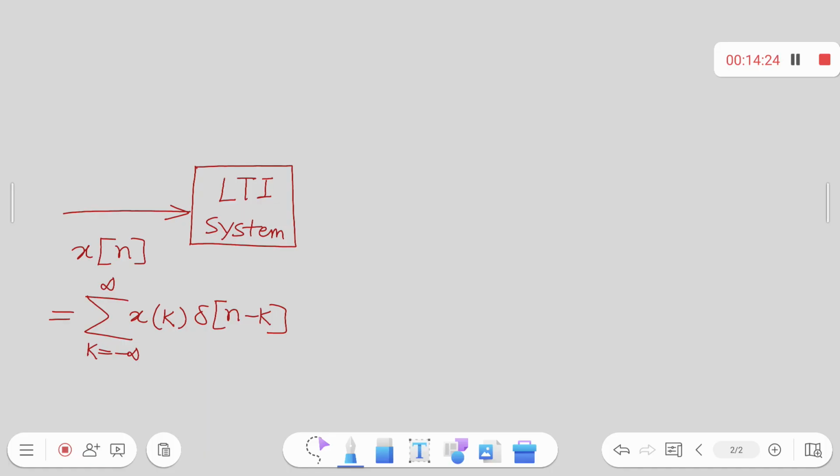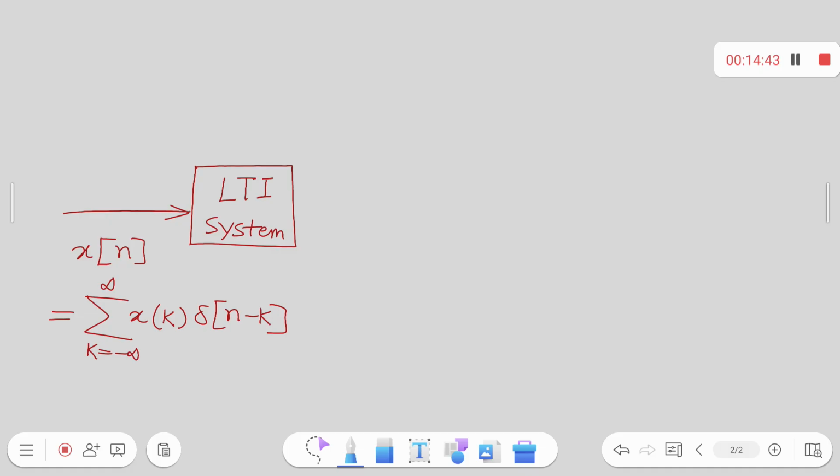Delta n minus k is a function of time. x of n is a function of time, delta n minus k is also a function of time, but x of k is constant for a fixed k. That is being fed to an LTI system, right?